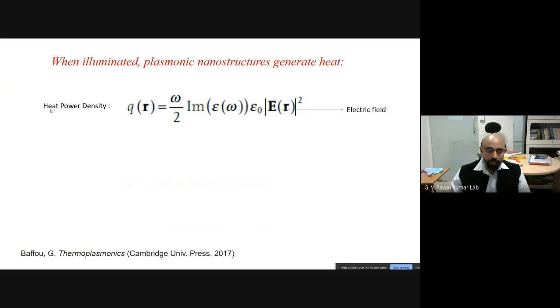You can quantify the power density of this heat by this formula, where omega is the frequency at which the light is illuminated.